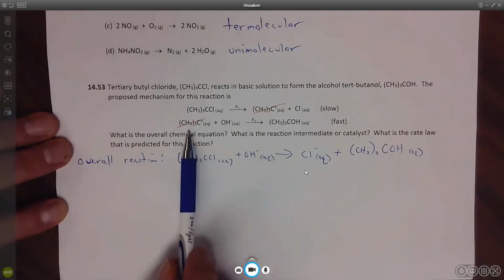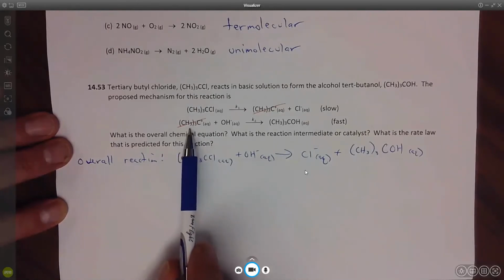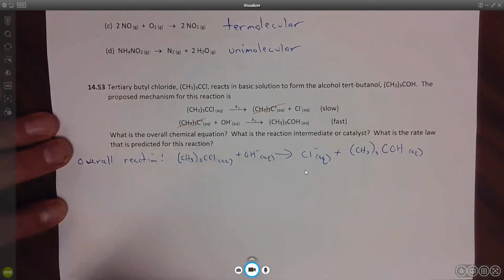Does this show up in the final overall reaction? Oh, no. So that must be either a reaction intermediate or a catalyst. So what is (CH3)3C+? Is it a catalyst? So what you've got to look at is, where did it appear first?